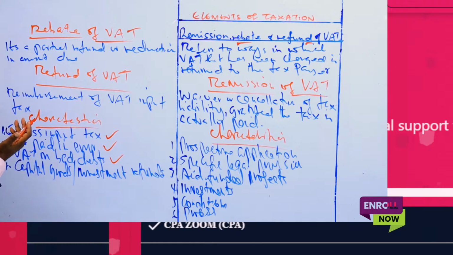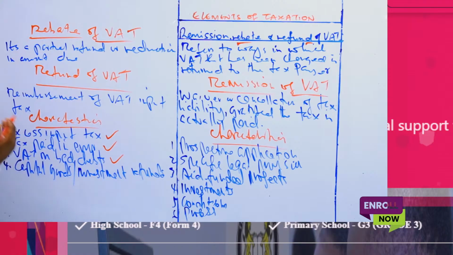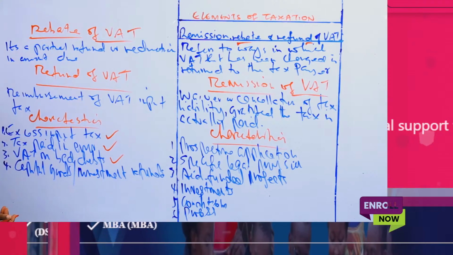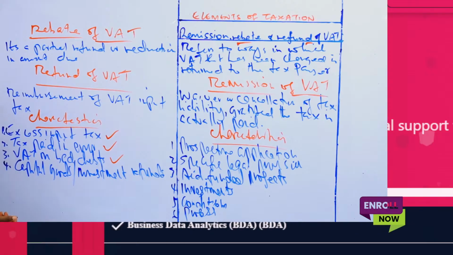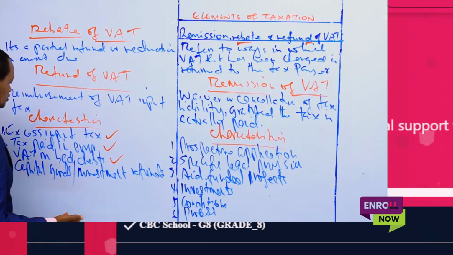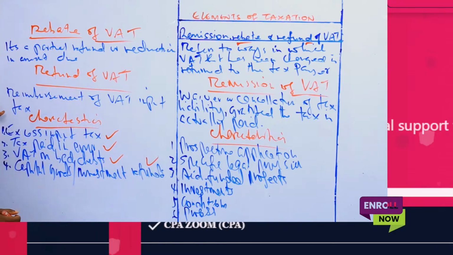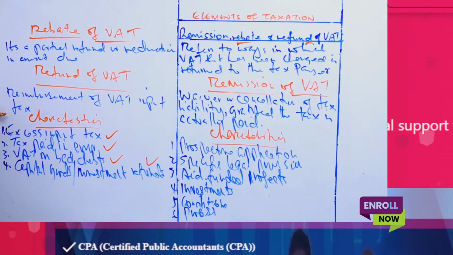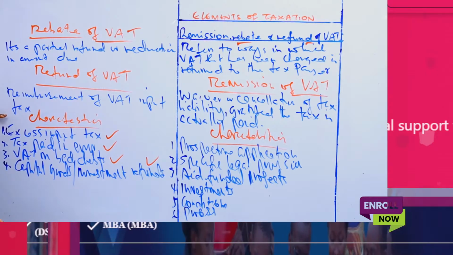The VAT incurred there can also be refunded, but there are certain strict conditions that must be met before that refund request is granted. Then lastly, we have capital goods or investment refunds.